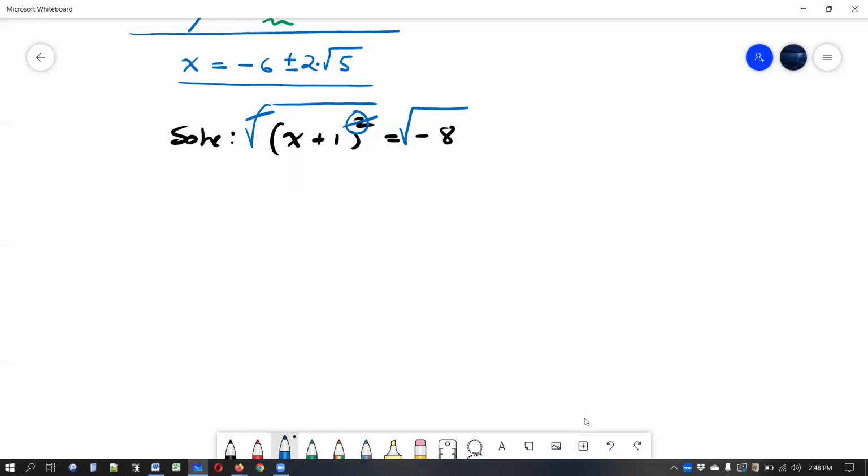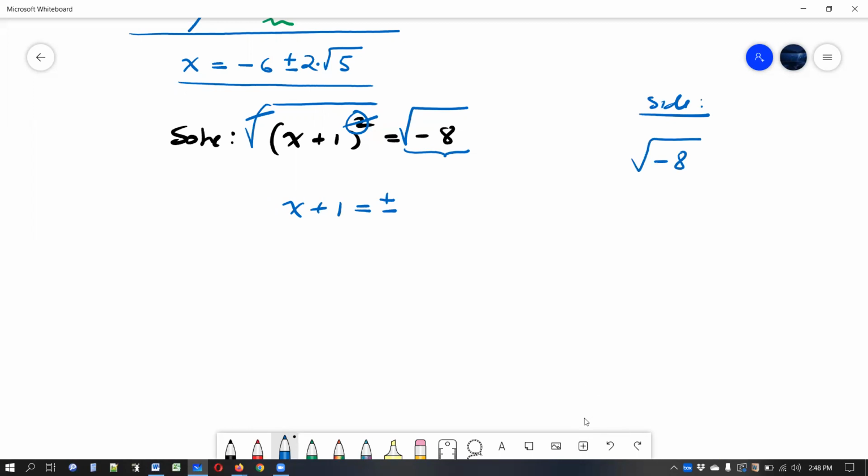Again, the square cancels with the radical. I am left with x plus 1. Notice I don't need to put the parentheses here. So I just write x plus 1 equals. But on the right side, you immediately write plus or minus. The problem now is we have this minus over here. So I'm going to do it on the side.